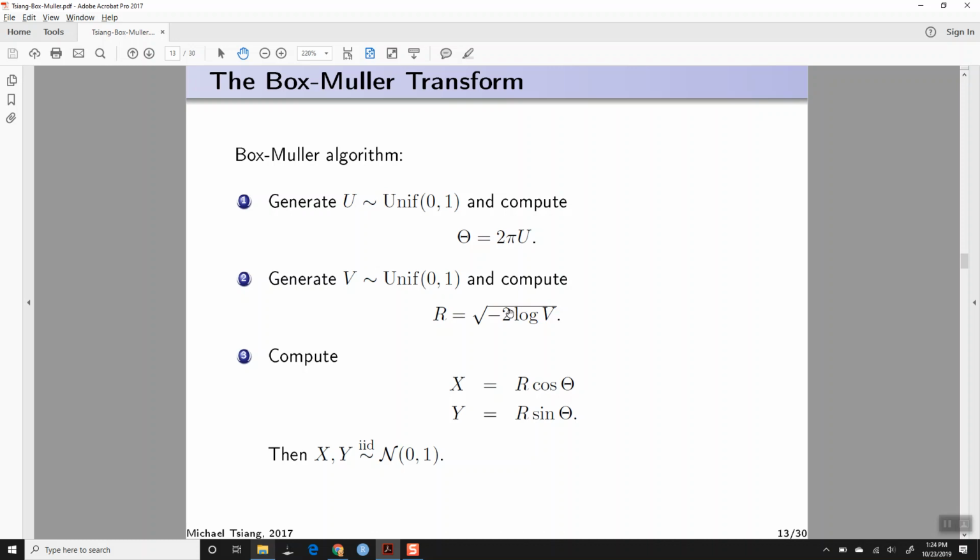And then to turn that into the radius, you take the square root of that. And then once you have that, x and y are r cos theta and r sin theta. And it works. It's amazing, okay?